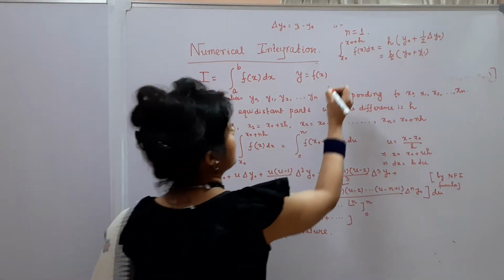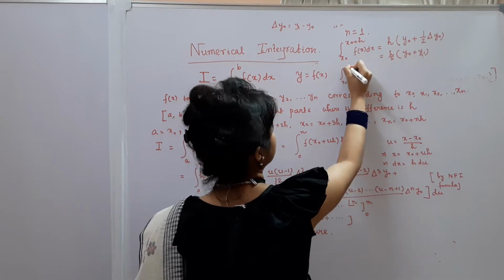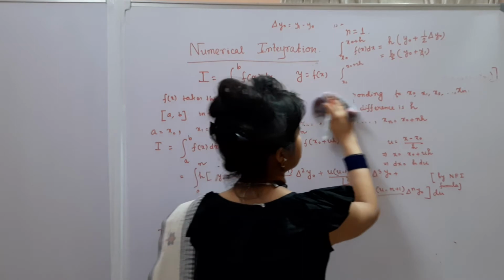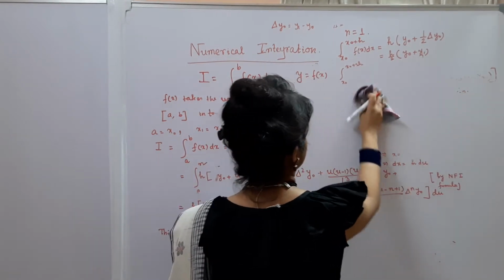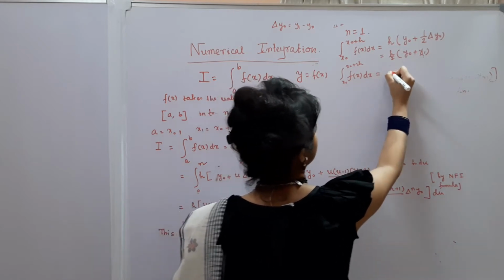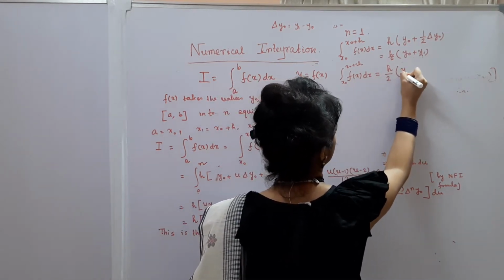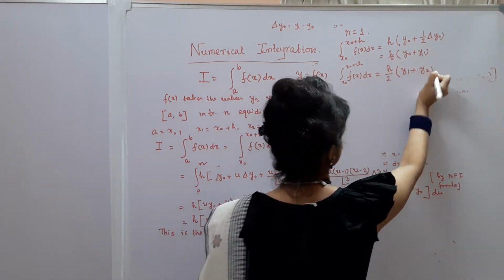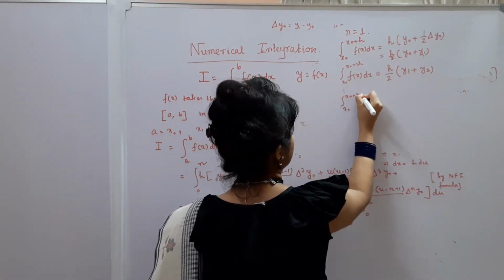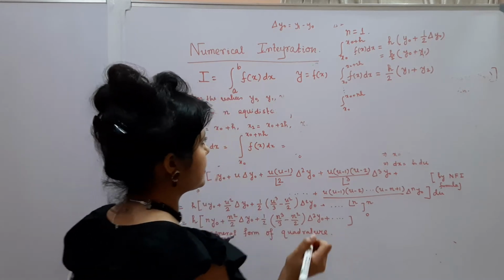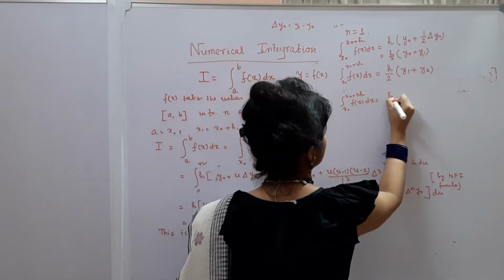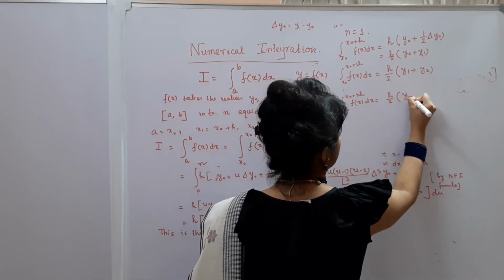Similarly, for the next step, x0 plus 2h, f of x dx, it will give you h by 2 (y1 plus y2), and similarly in the general step, it will give you h by 2 (yn minus 1 plus yn).